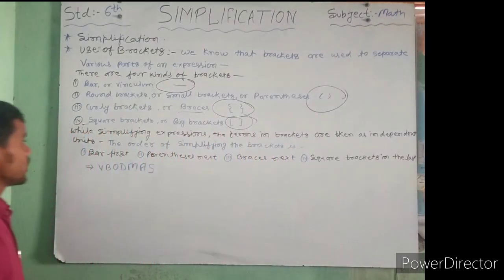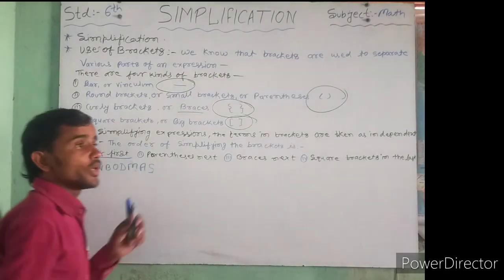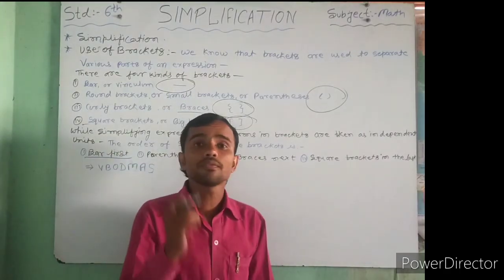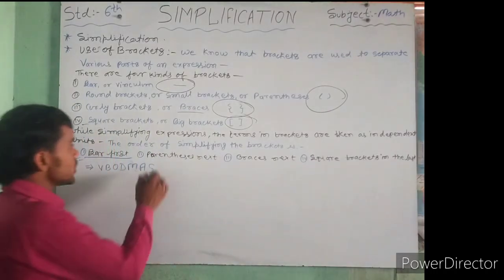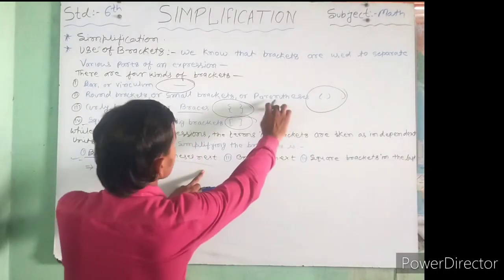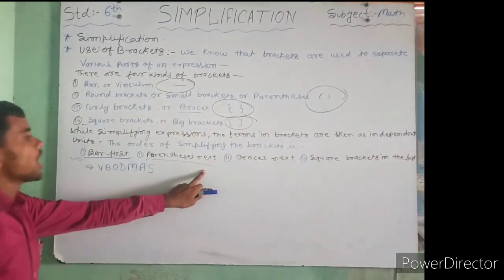My dear students, first solve the bar bracket. When you start any type of question, first solve the bar brackets. Bar first, and next parenthesis, which means the round bracket.